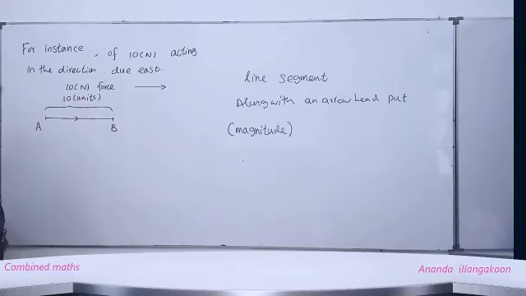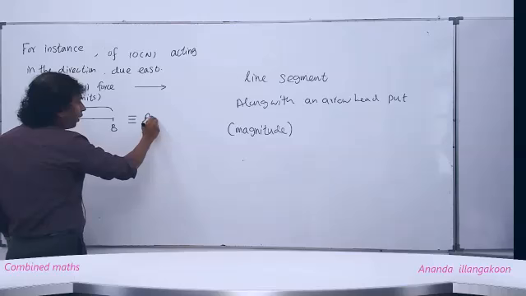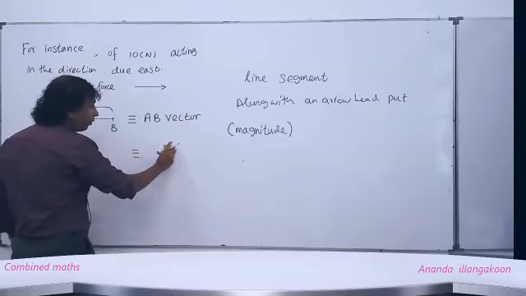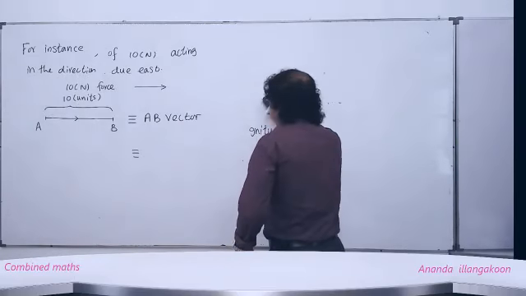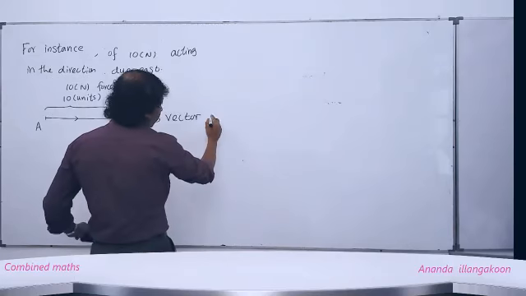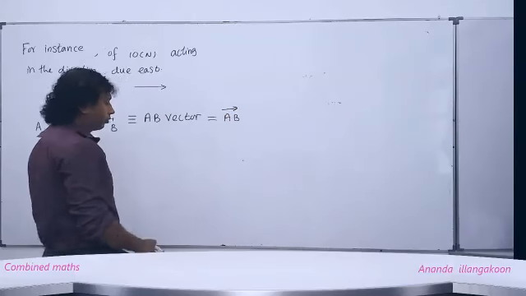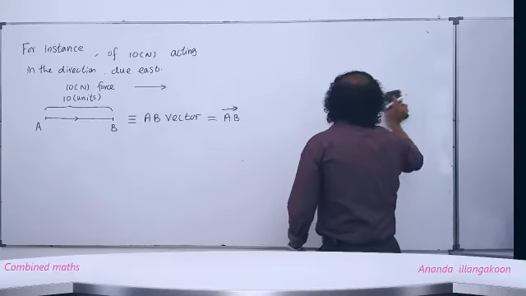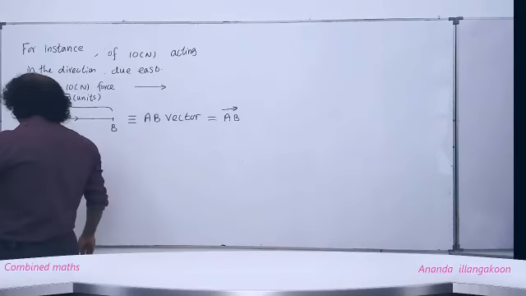Okay. This is now what, people? AB vector. How to write that? It's written like this: AB with an arrow on top.